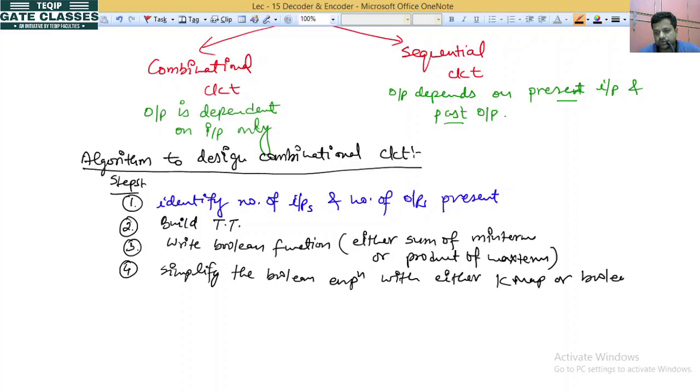After simplification you get the simplified Boolean expression. Now you have to implement that Boolean expression, which means you have to realize it with gates. So you have to make the circuit after that.